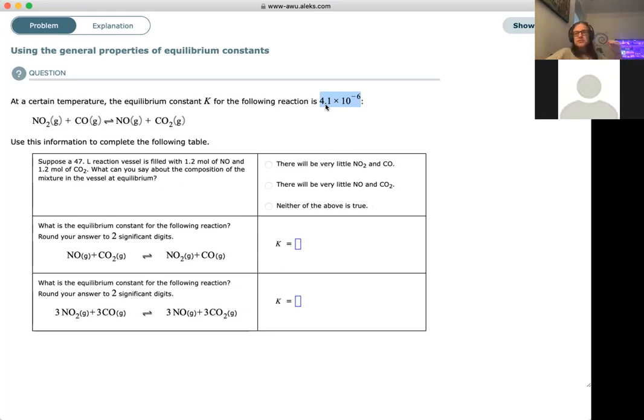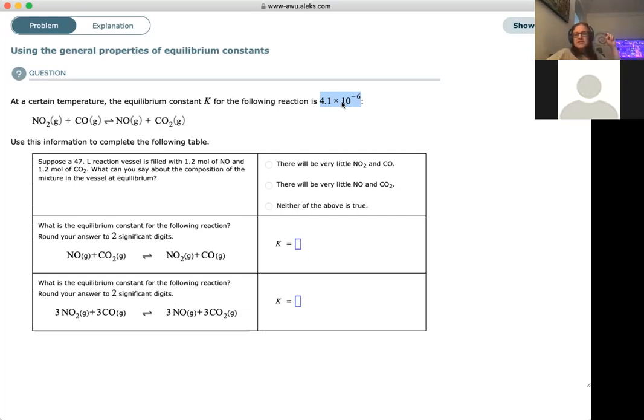So if you have a large value of K, that means there's a lot of products and a little bit of reactants. Now, if you get a value near 1, then it's like there's a mixture. But if you have a value much greater than 100, 1,000, that means there's a lot more products than there are reactants, or much less reactants than there are products. Make that ratio for yourself, products over reactants.